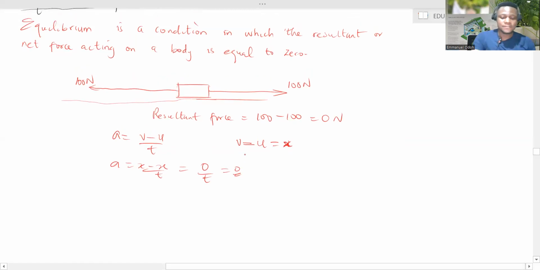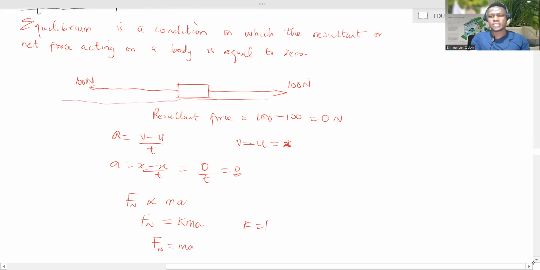And before that, remember from our laws of motion, that's the previous topic we treated in class, the second law of motion tells us that the net force is directly proportional to the mass and the acceleration, where we have the constant equal to 1. So we have that the net force is equal to ma.